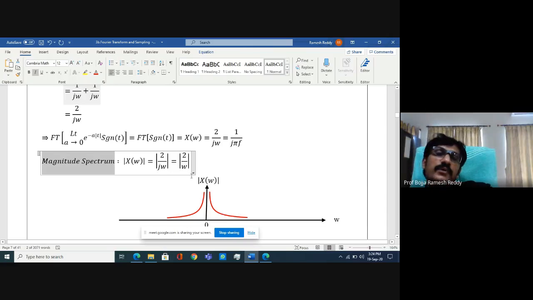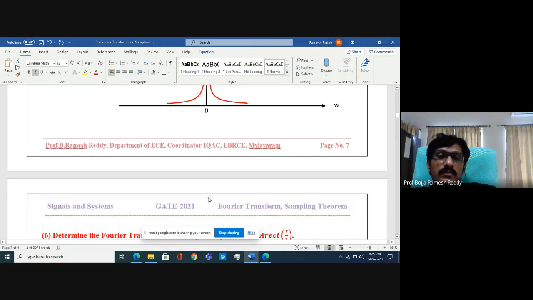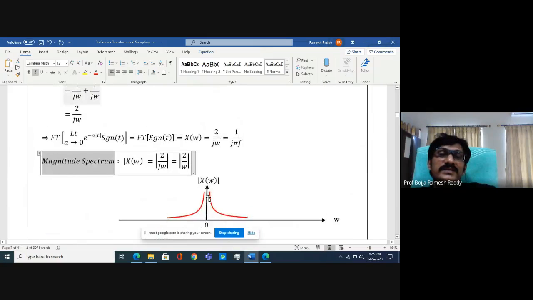After a long time, if omega is equal to infinity, 2 by infinity is 0, so the amplitude becomes 0. Similarly on the left, it is even actually. Modulus of 2 by omega is an even function. Even functions are symmetrical about the y-axis. That's the end of sgn of t.